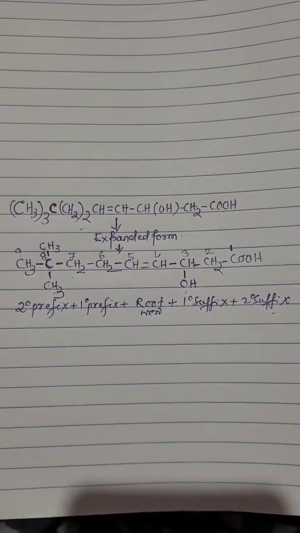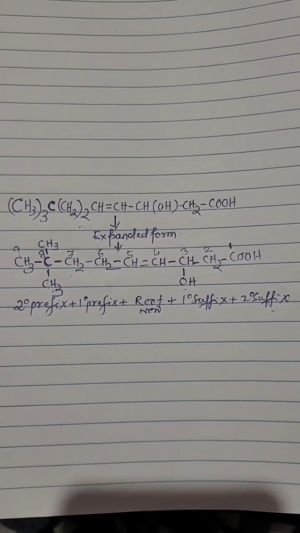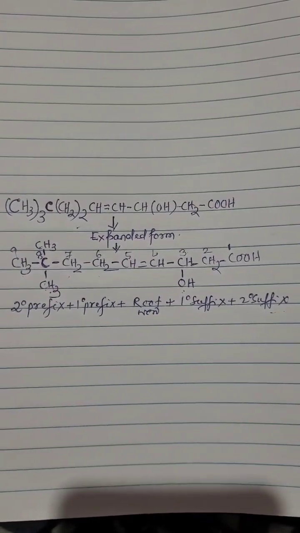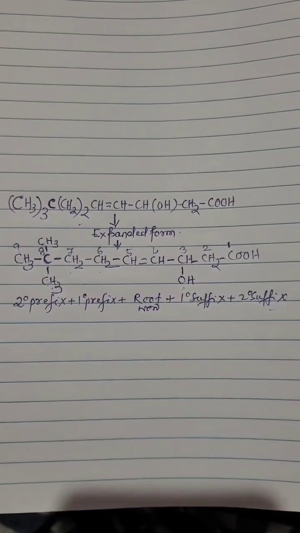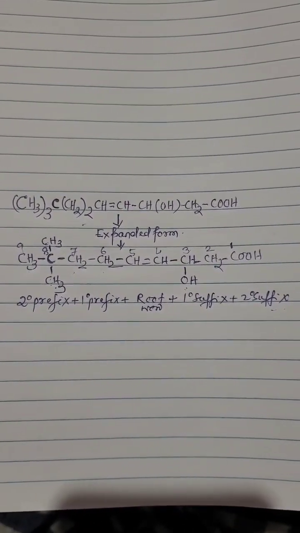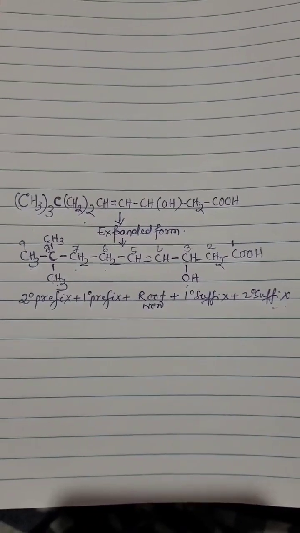Then the secondary prefixes are dimethyl for two methyl groups bonded to number 8 carbon atom, and the OH group is attached to number 3 carbon. So the prefixes are dimethyl and hydroxy.